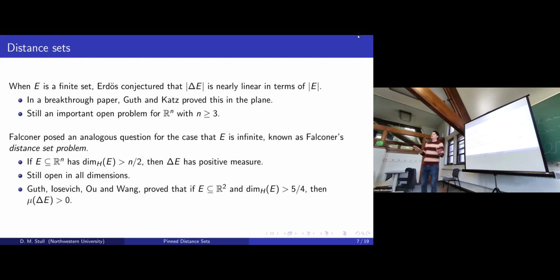This is still open in all dimensions, including 2. The best known bounds here are when the Hausdorff dimension of a planar set is strictly greater than 5/4, then the distance set has positive Lebesgue measure.